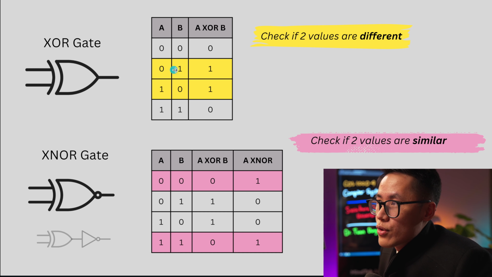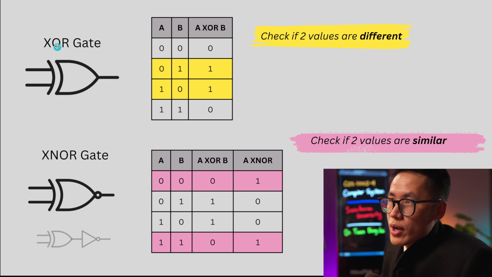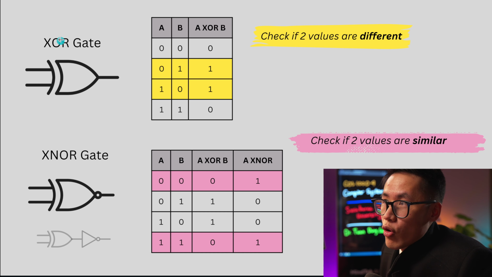0 XOR 1 will be 1, 1 XOR 0 will be 1, and 1 XOR 1 will be 0. If it were an OR gate, then this value right here would be 1. But because this is an XOR gate, this value will be 0.